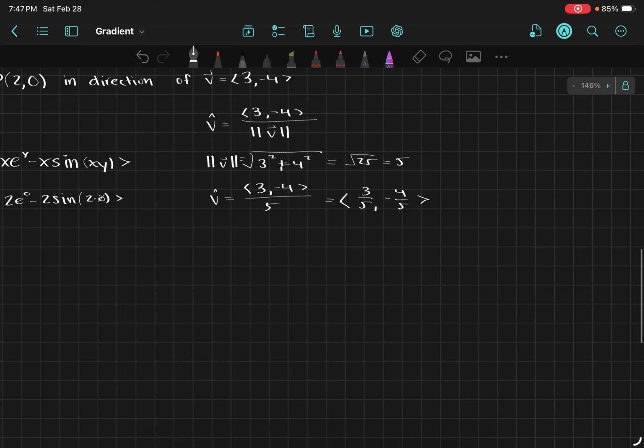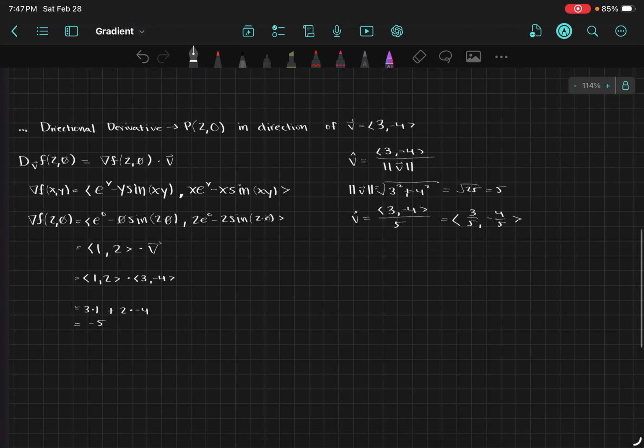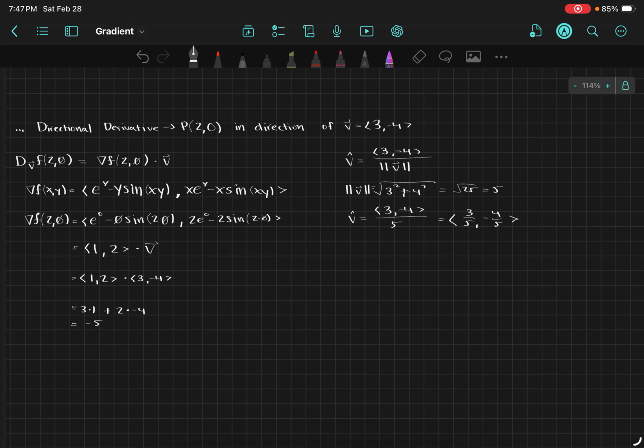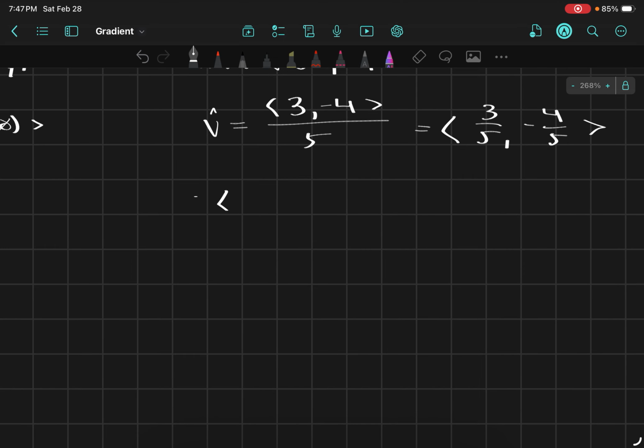Now we have our unit vector, so let's go ahead and do the exact same thing. We found our gradient of f at the point (2, 0), which is equal to (1, 2). So now we can just do this again. We have (1, 2) dotted with (3/5, negative 4/5), sorry.